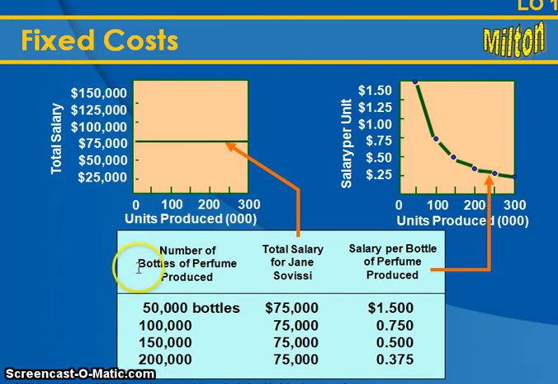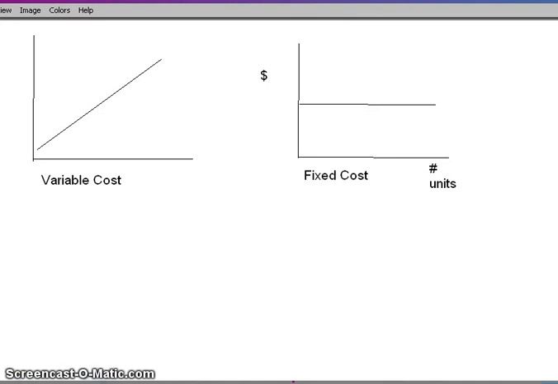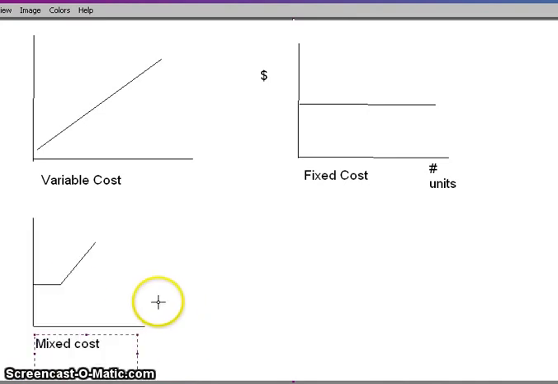All right, so the third category we're going to look at is mixed costs. And mixed cost looks something like this. Okay, so I spared you watching me draw this. The idea is that mixed costs have a component of variable cost and a component of fixed cost in it as well. An example that you might think of here could be a car lease, for example.